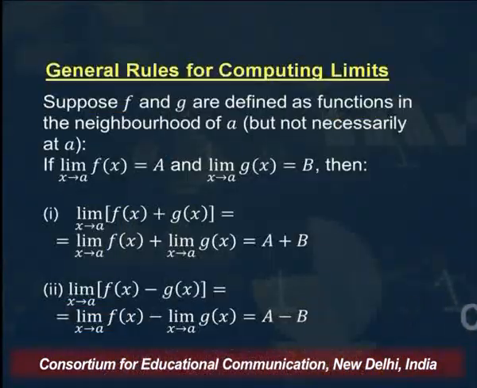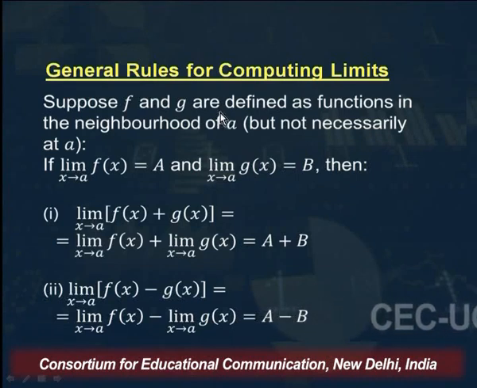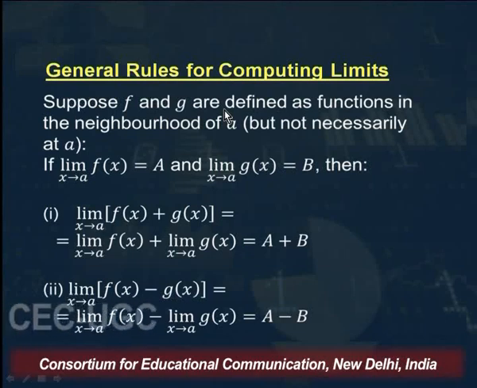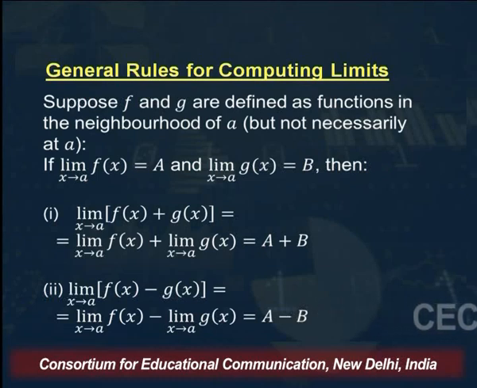Now let's look at some general rules for computing limits, and we will combine these with the rules that we set up for the simple functions, and let's see how these general rules pan out. Then we'll start applying these rules. So to set up the ground for the discussion, let's suppose we have two functions f and g, and these are defined in the neighborhood of a. Again, not necessarily at a. The functions may not necessarily be defined at a, but that's all right.